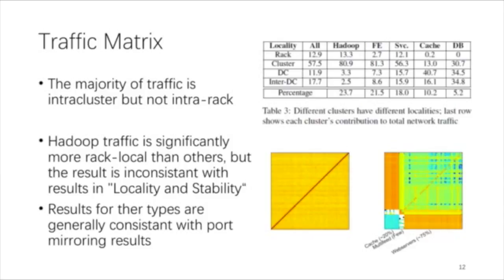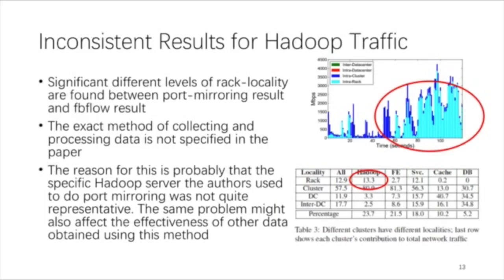I'll explain later. So results for other types are generally consistent with port mirroring results. So we can see a significantly different level of rack locality between port mirroring results and Fbflow results for Hadoop servers.